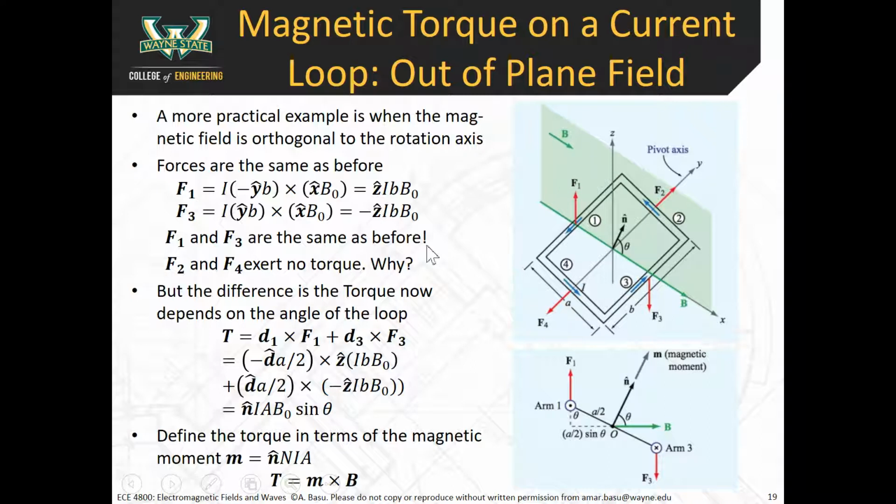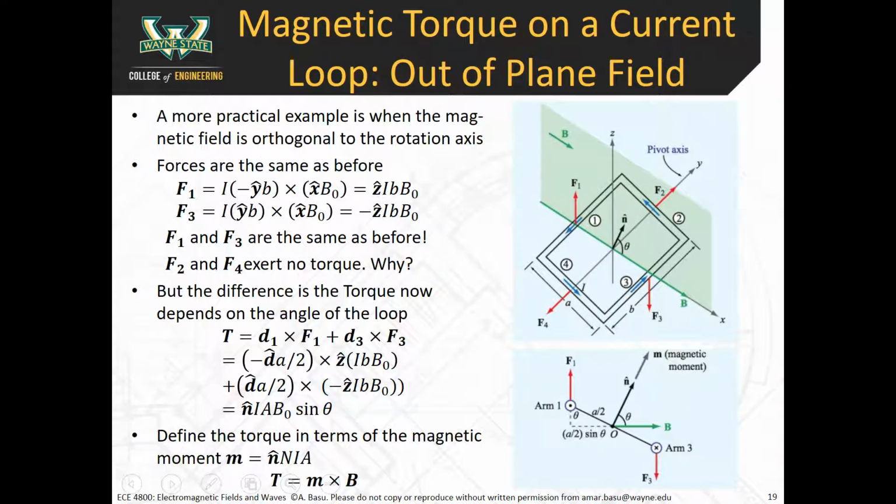It's still in the Z hat and negative Z hat direction. But the moment arm direction is changing. All right? So when the moment arm direction and the force are parallel to each other, the torque is going to be zero at that point. When the torque is zero, then the thing stops rotating, right?